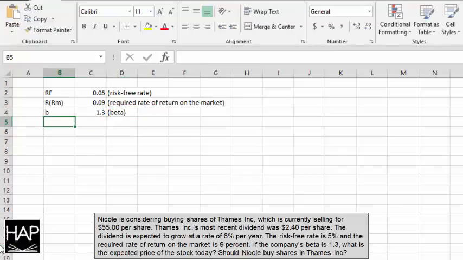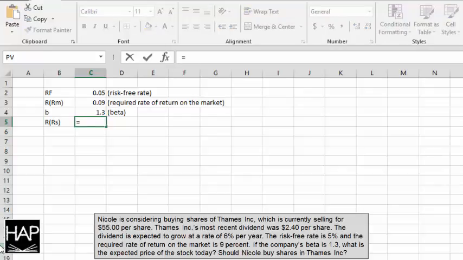Now that I have all this information, I can calculate the required rate of return on the stock of Thames Inc. That's going to be equal to the risk-free rate plus the required rate of return on the market minus the risk-free rate multiplied by beta.